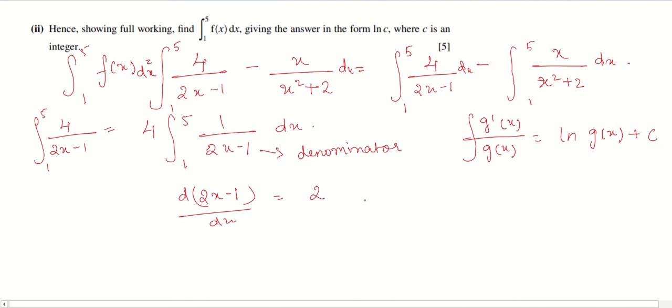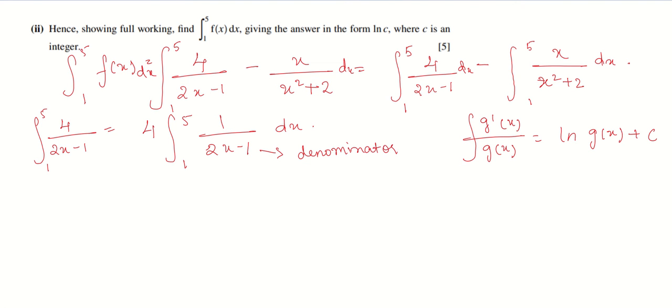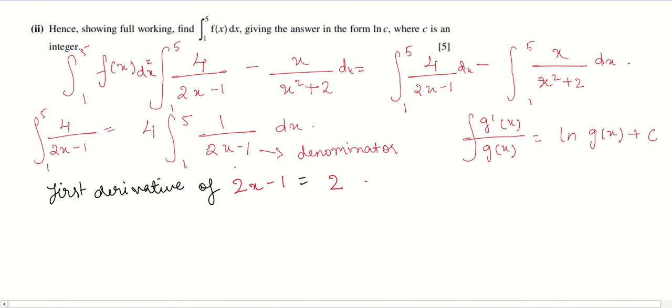So the first derivative of 2x minus 1 is equal to 2. If we write ln of 2x minus 1, we are considering that the numerator has 2.